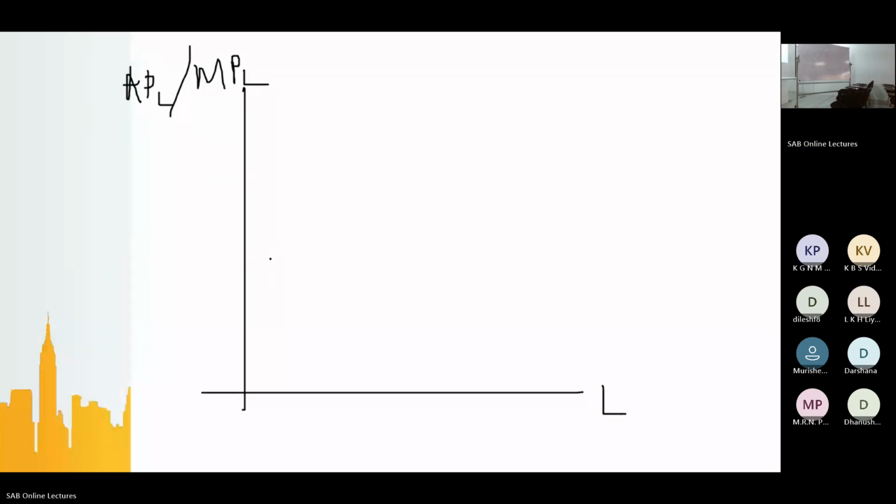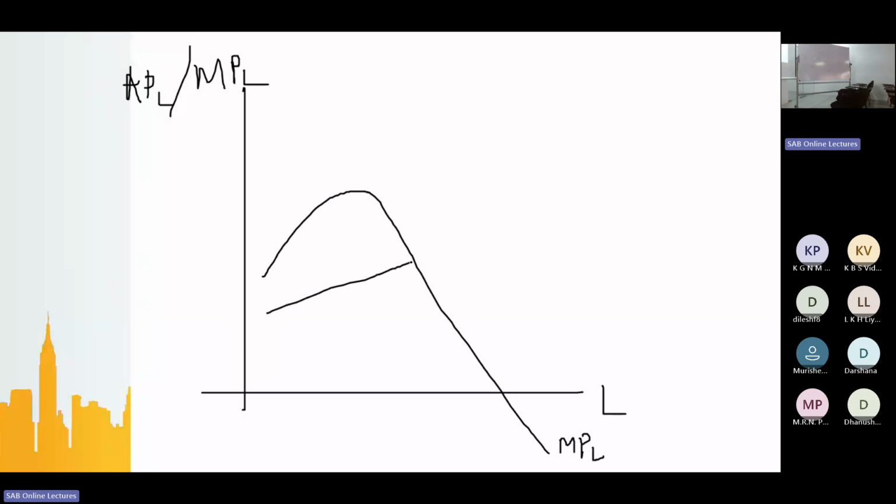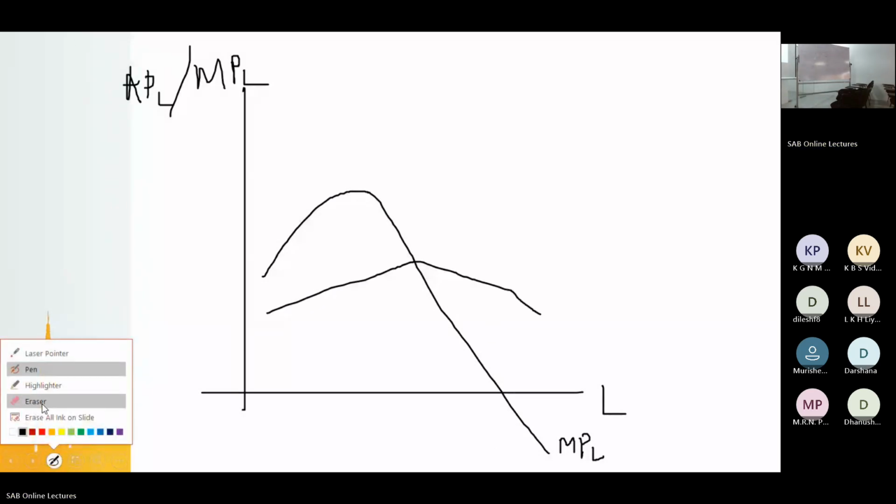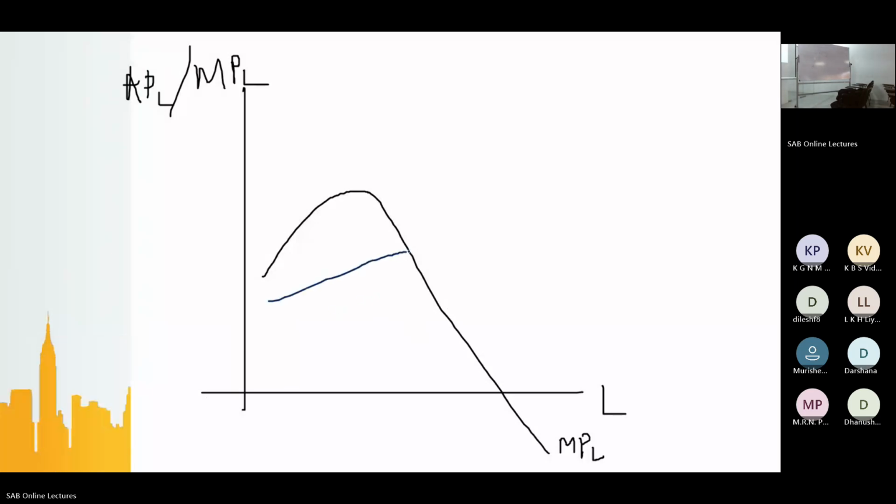This is the marginal product of labor. This is the average product of labor. We learned these relationships in the previous session.